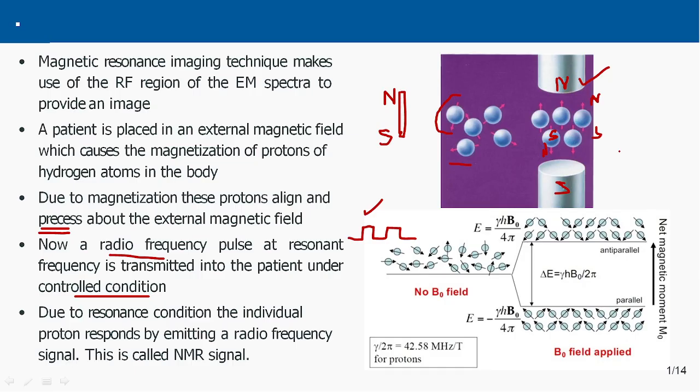Those RF signals are captured through an antenna or an RF receiver, and they contain meaningful information, and from the current captured through that receiver, a meaningful image can be constructed using the computer.